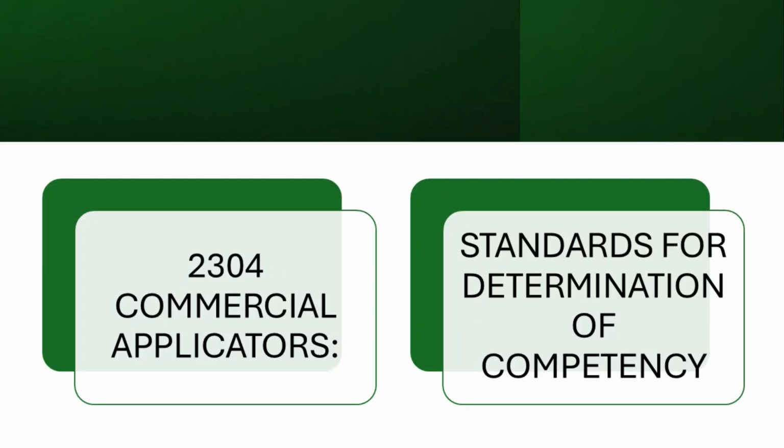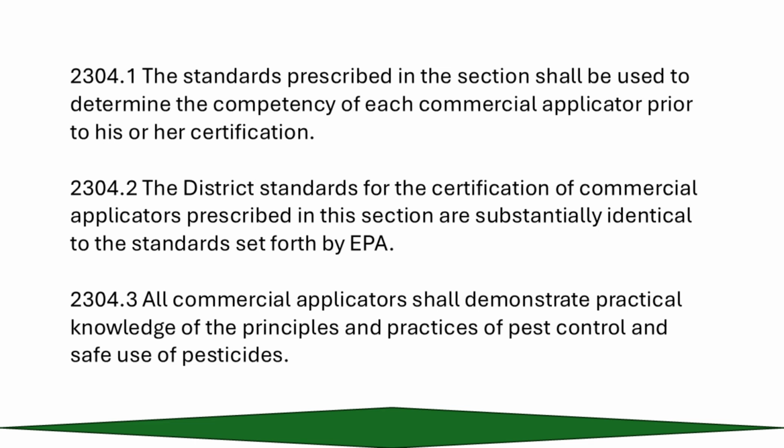2304. Commercial Applicators. Standards for Determination of Competency. 2304.1. The standards prescribed in this section shall be used to determine the competency of each commercial applicator prior to his or her certification. 2304.2.